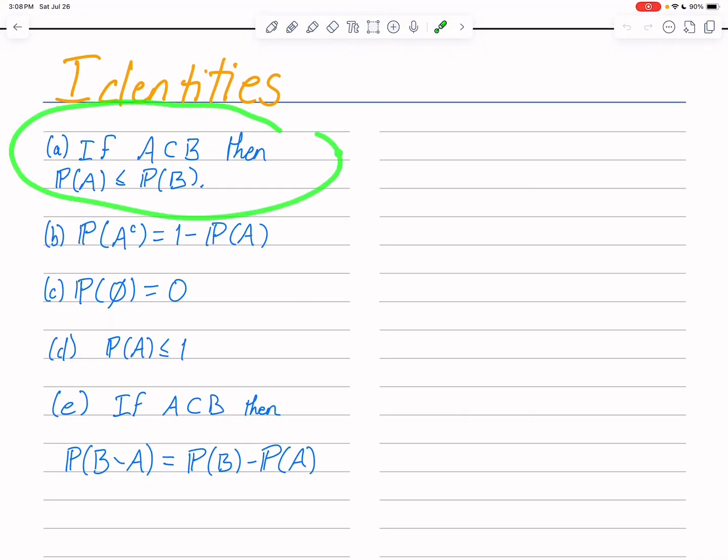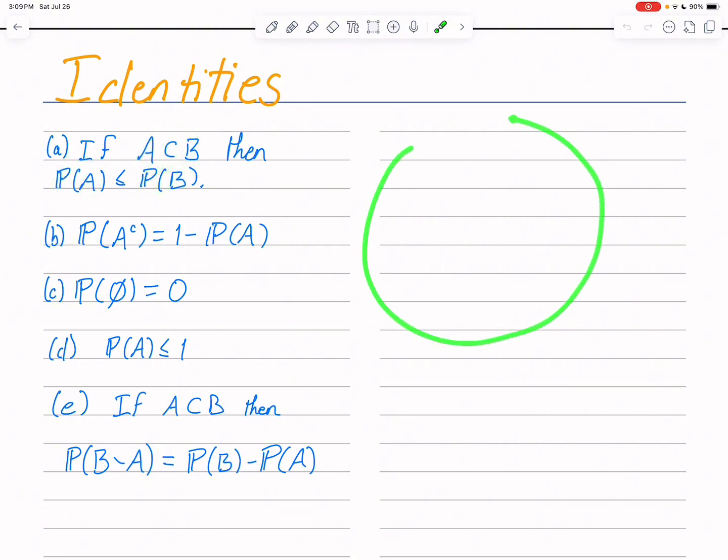The first one is that if A is a subset of B, then the probability of A should be less than or equal to the probability of B. I think this makes graphical, or even other kinds of intuitive sense. Just imagine that you have A a subset of B as depicted here, right?